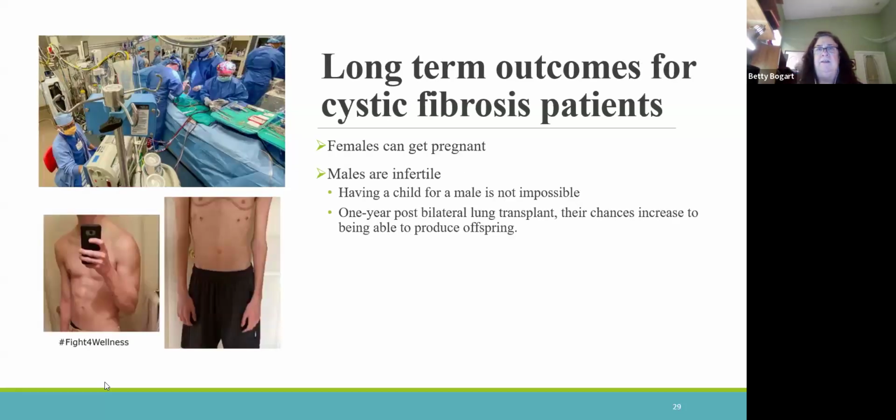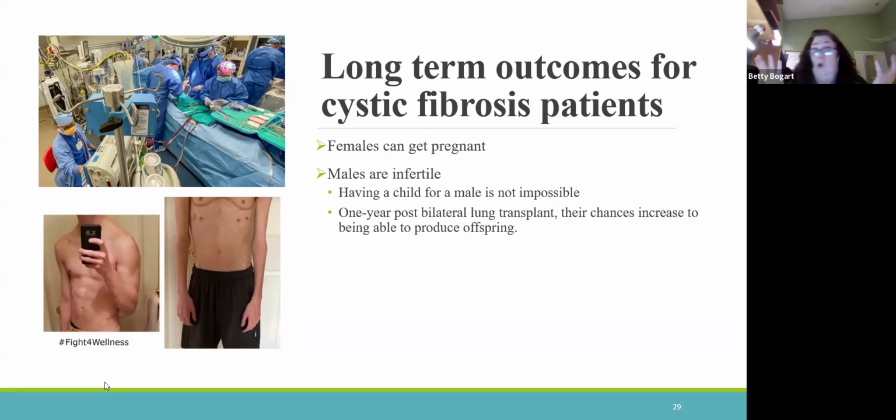Now, there is a need or a want, desire to have children when you have cystic fibrosis. Now, women can get pregnant, but they're extremely high risk. The problem is males with cystic fibrosis, they also have clogged vas deferens ducts, so they can't get the sperm to the wife, the girlfriend, the woman, to have a baby.